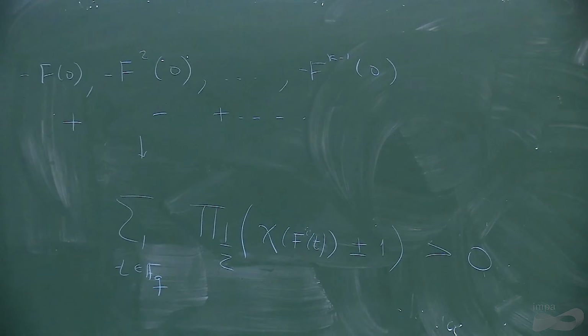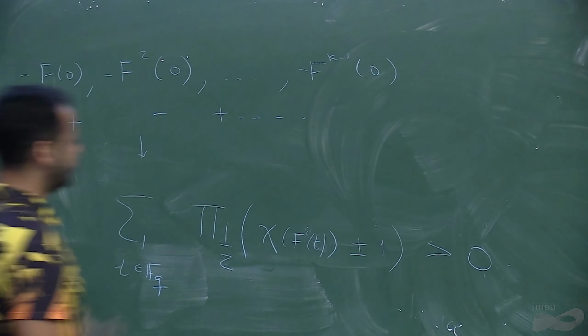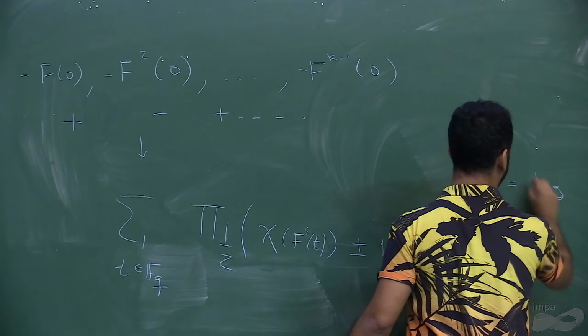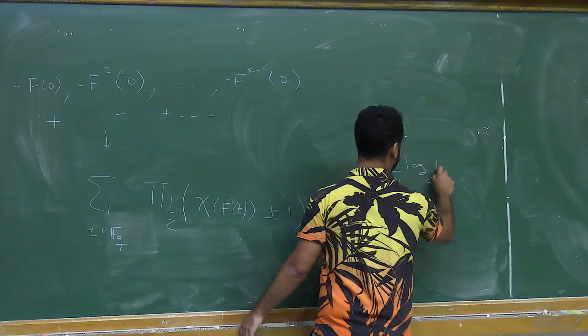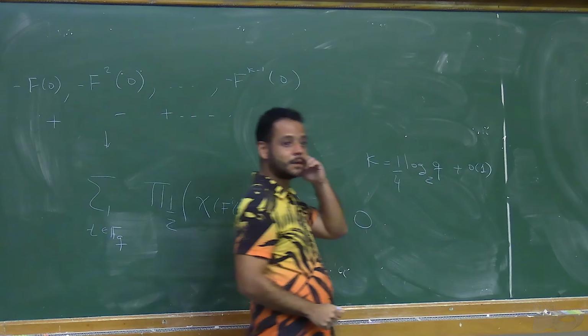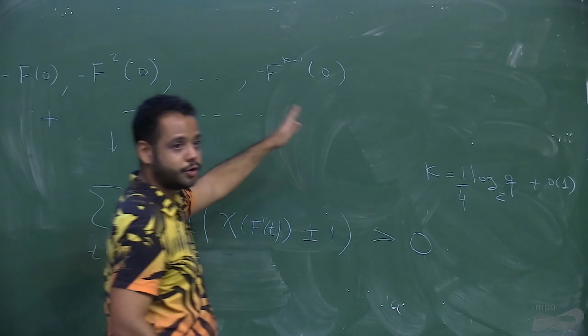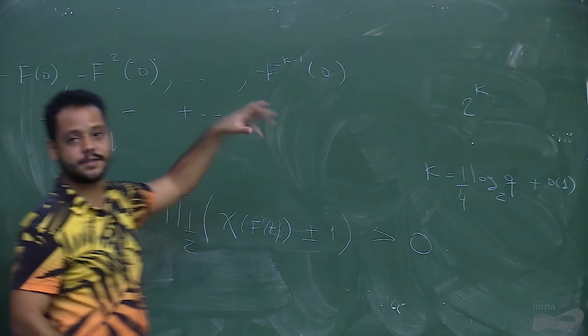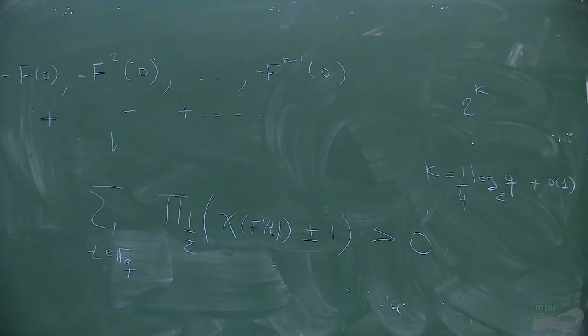And at the end, we can prove that this is positive using Weil's bound on the number of rational points on certain curves, as long as K is about a quarter of log 2 Q plus little o of 1. And so basically, we have 2 to the K choices for the sequences of signs, and then we can get C times Q to the 1/4.